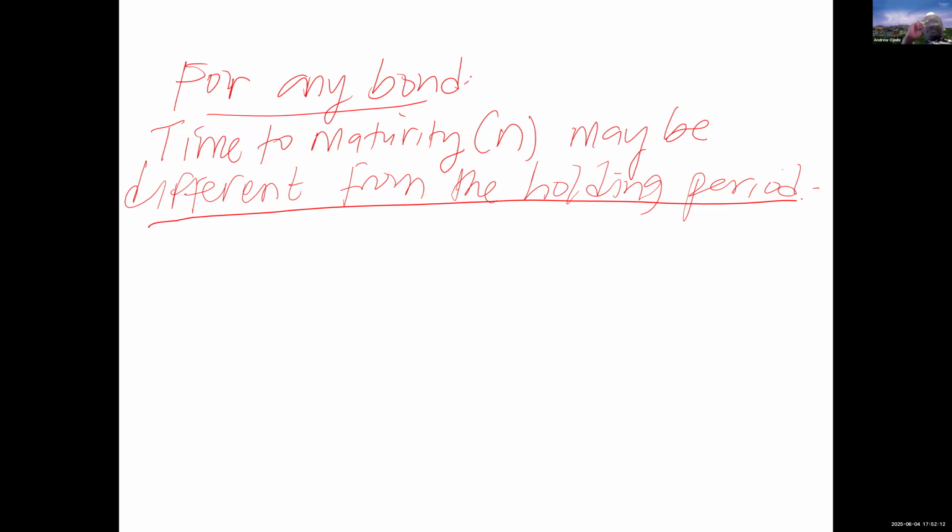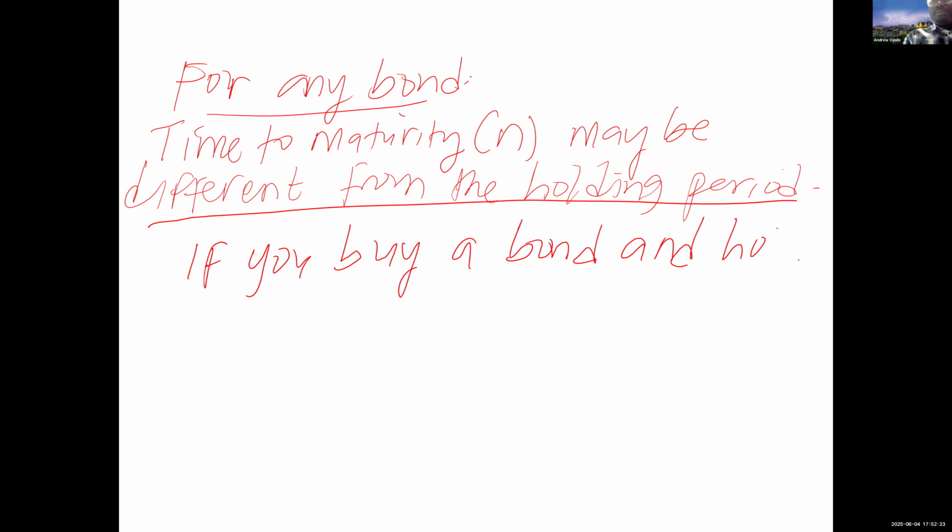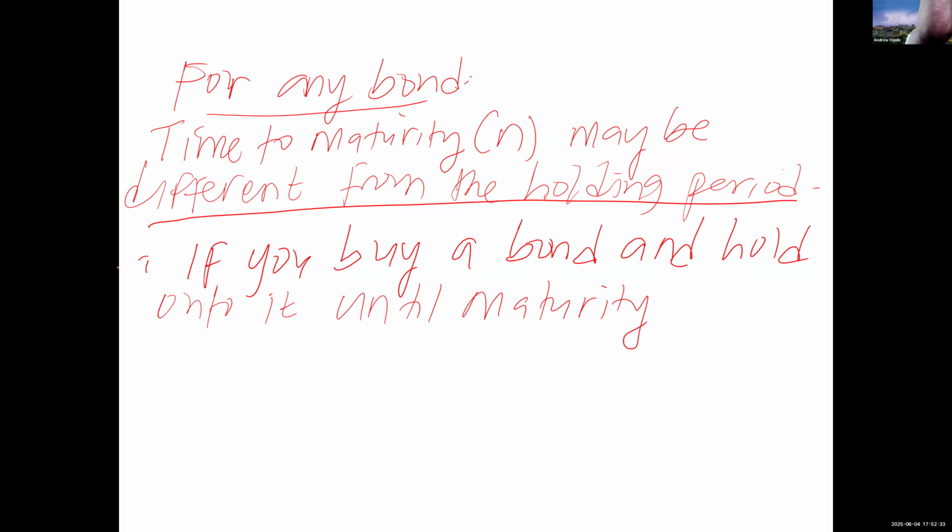Okay, so here's the deal. If you buy a bond and hold on to it until maturity, that means you never sold it. Point one.